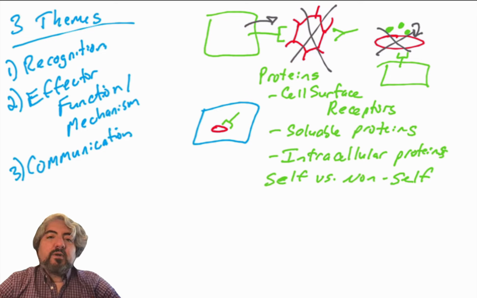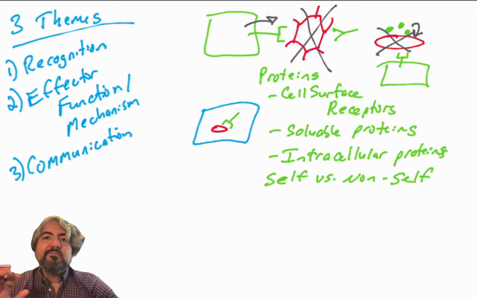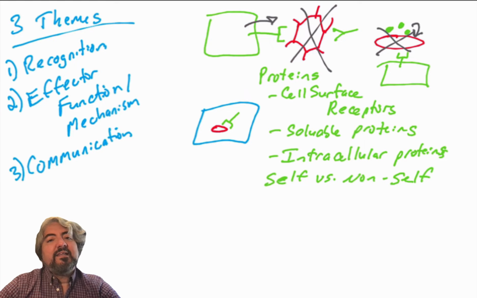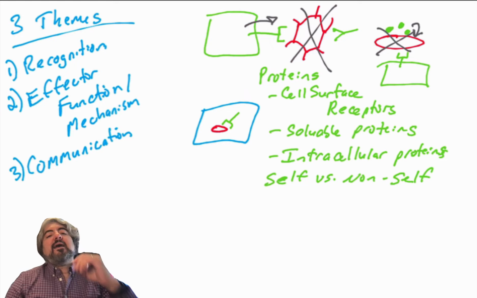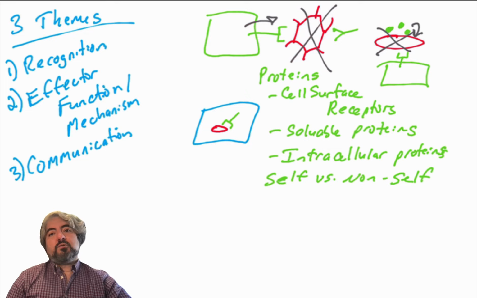The third theme we're going to see throughout the course is communication. If an immune system cell or protein recognizes an infection, it really should be alerting lots of other mechanisms in the body to sort of protect and defend, not just locally, but systemically all over the body.